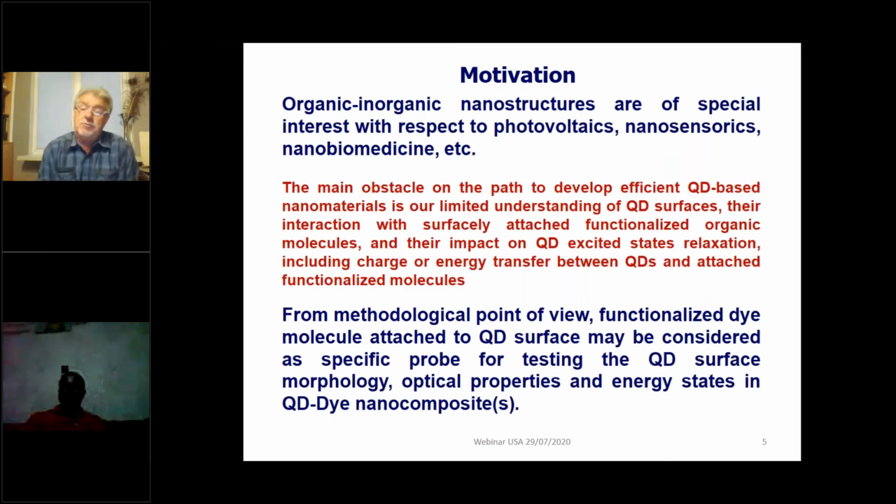If we are going to prepare some nano devices, we should take into account that we should combine organic and inorganic compounds. The main problem on the path to developing efficient nanomaterials is our limited understanding of quantum dot surface interaction with surface-attached molecules, and how these molecules may impact quantum dot excited states, including charge or energy transfer or formation of new states.